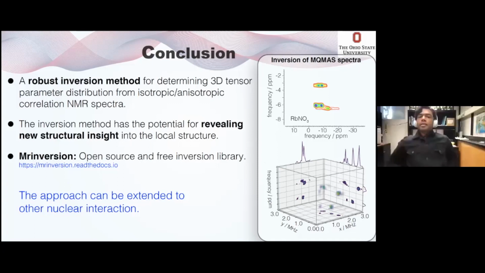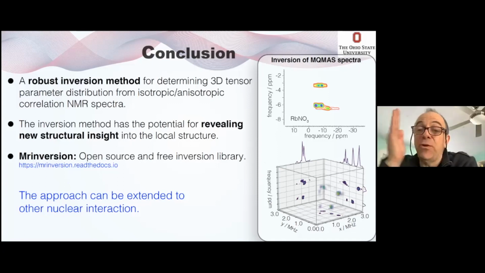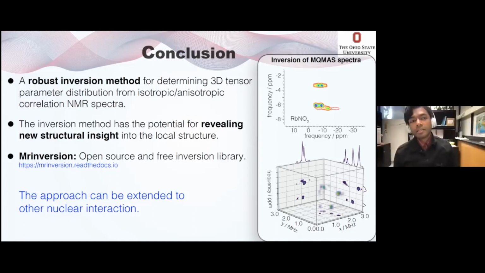I could step in. I think Geoffrey is just asking if you have a distribution of isotropic chemical shifts and sidebands, how do you approach this? The kernel has to get bigger, obviously. Yeah, but that would be a case of going from a 1D experiment to a 3D experiment.